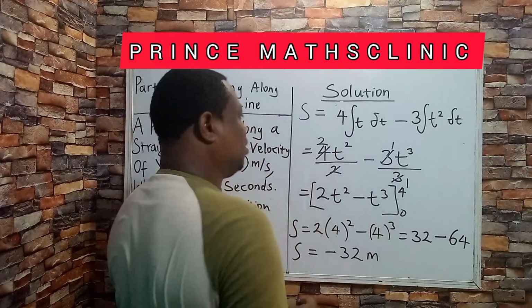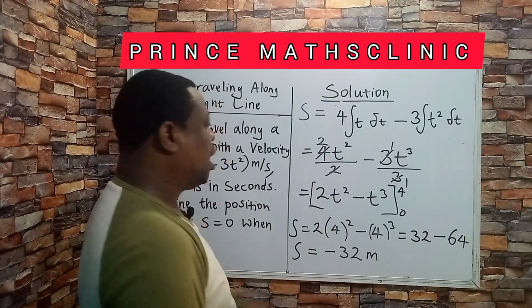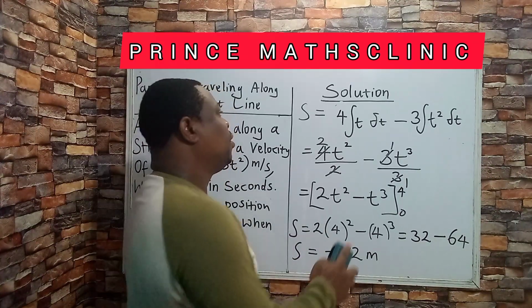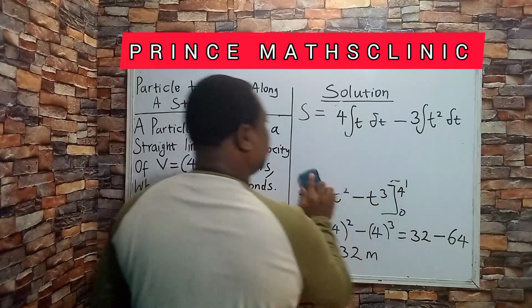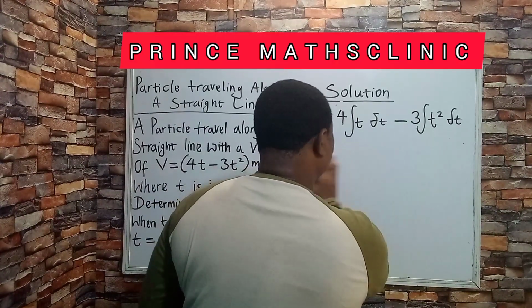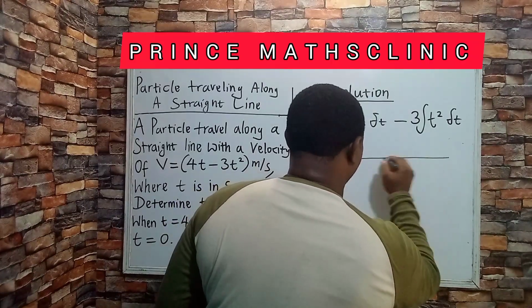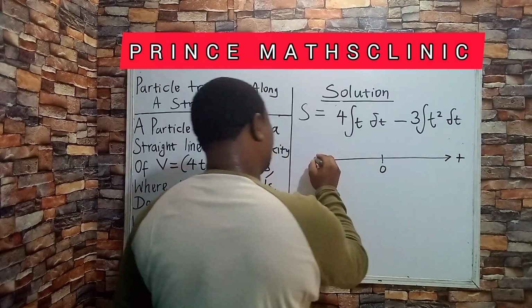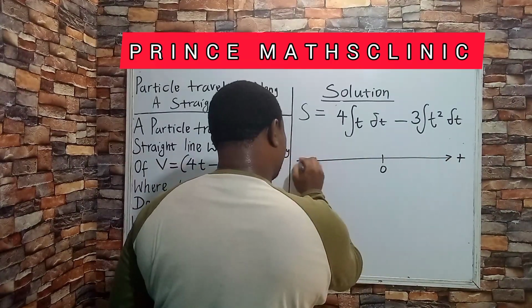Here is how to interpret our result. We have gotten minus 32 meters. So you can draw a straight line if you wish. This is a straight line that has numbers. This is 0, this is the positive part of it, and this is negative.